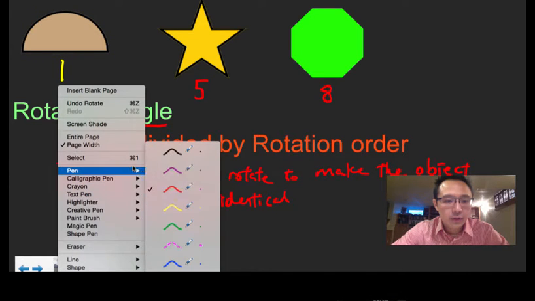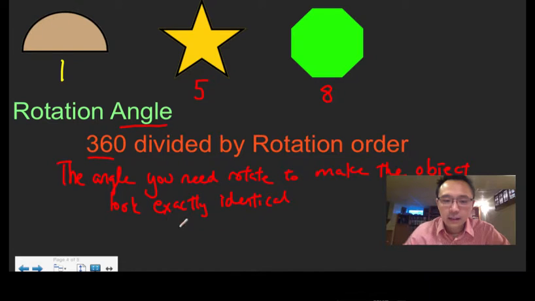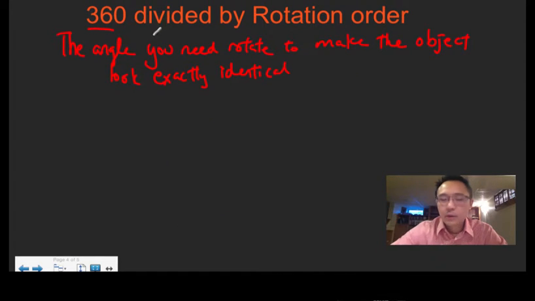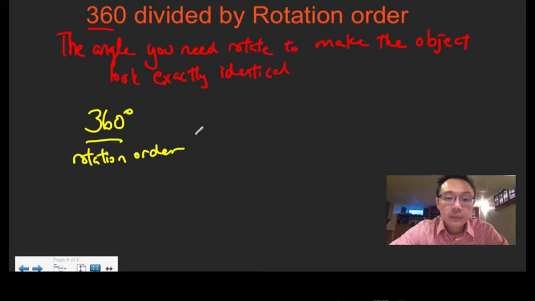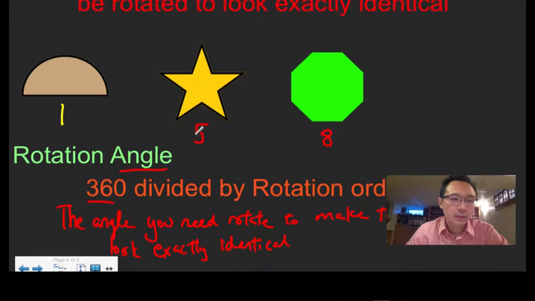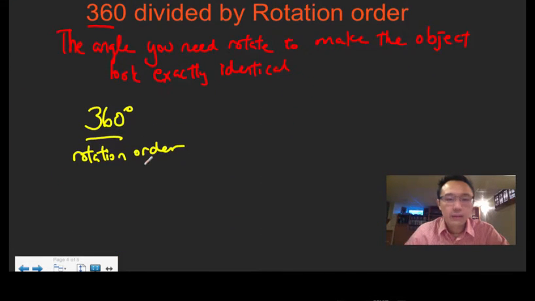You use the formula of 360 degrees divided by the rotation order. Since the semicircle has a rotation order of 1, you plug this in: 360 divided by 1, which is the same as 360.